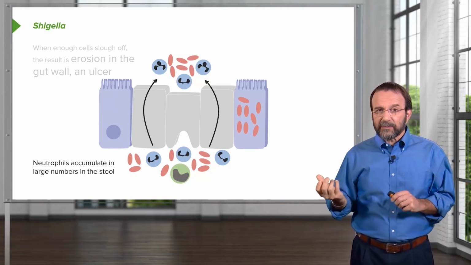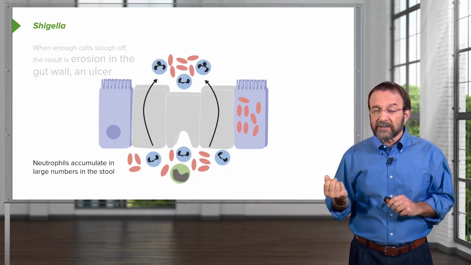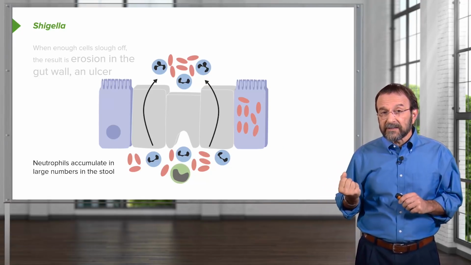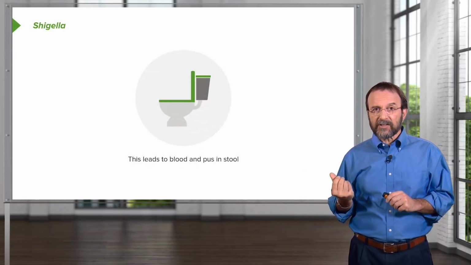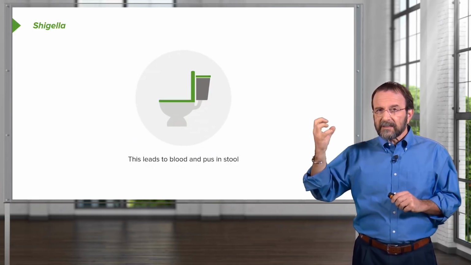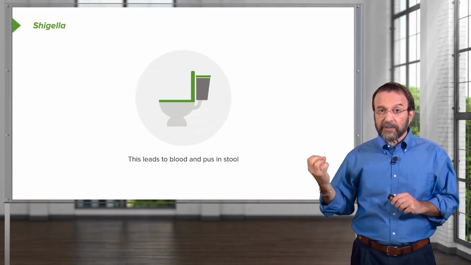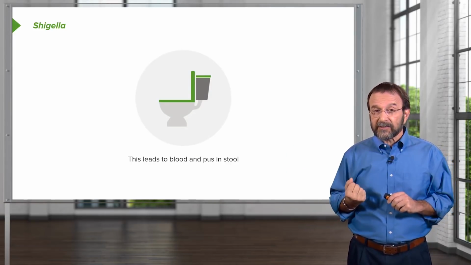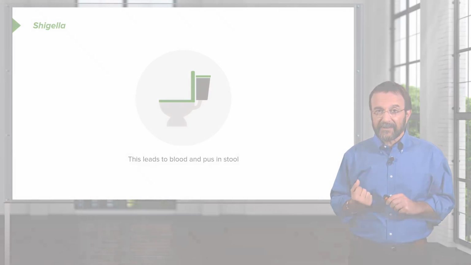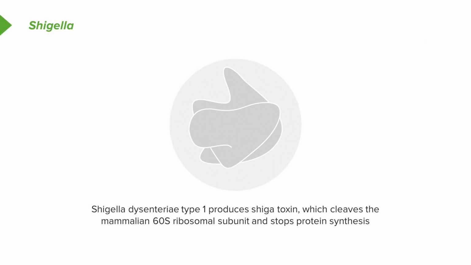These cells die in the process and they accumulate in the stool, and that's what provides the pus for the stool, the presence of all these dead immune cells. So the lesion in the wall, the dying neutrophils, that gives you the blood and the pus in the stool, part of the dysentery. One of the species of Shigella produces another toxin called Shiga toxin. And this toxin has a specific effect in our cells.